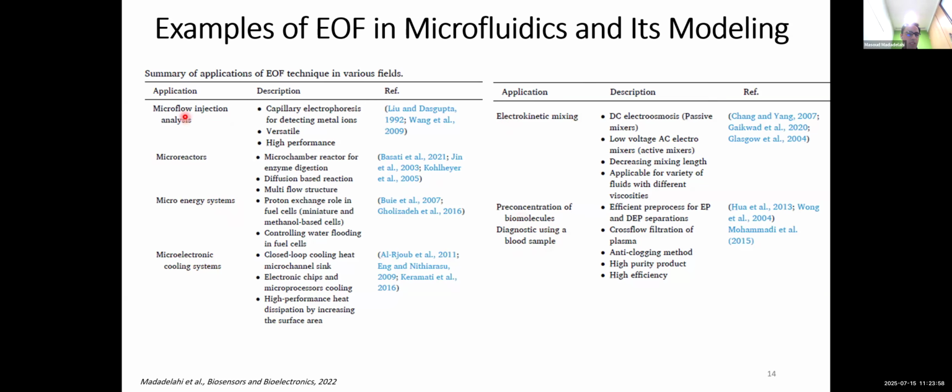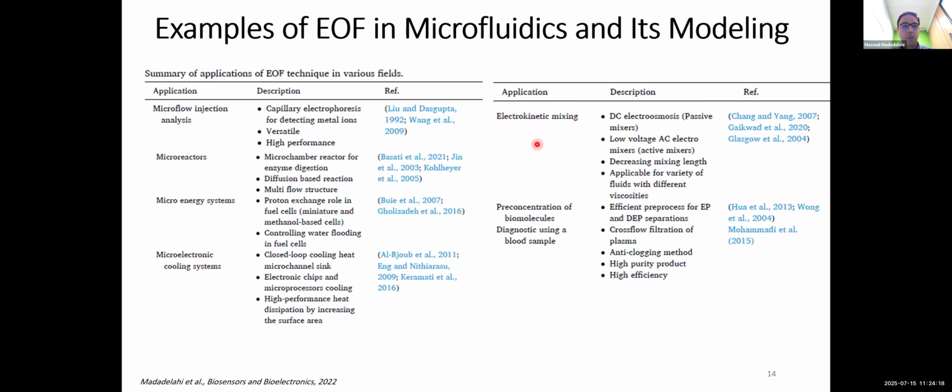If you are interested in any of these applications, you can find a complete list in our review paper. But today I want to focus on this application in one modeling example that I have for you.